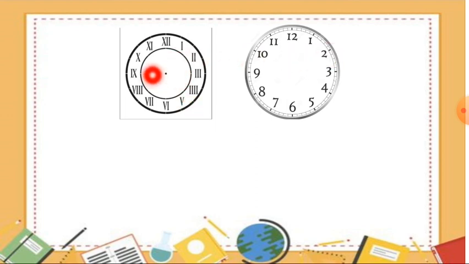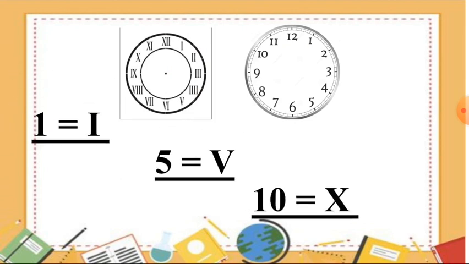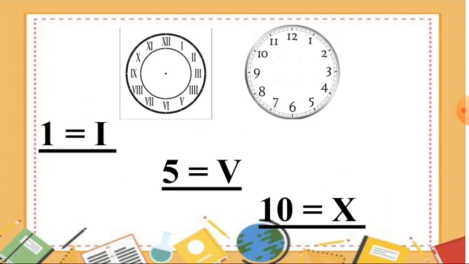I. To denote 1, the symbol I is used on the watch of Roman numerals. And to denote the number 5, what is used? V. And to denote 10, what symbol is used? The symbol X is used.